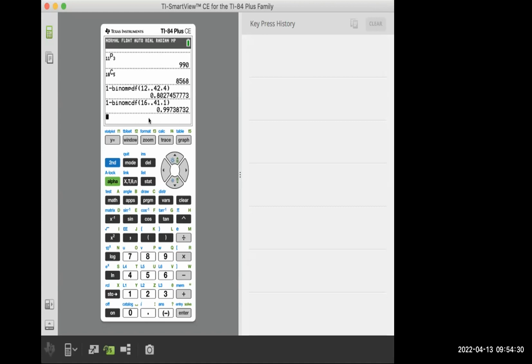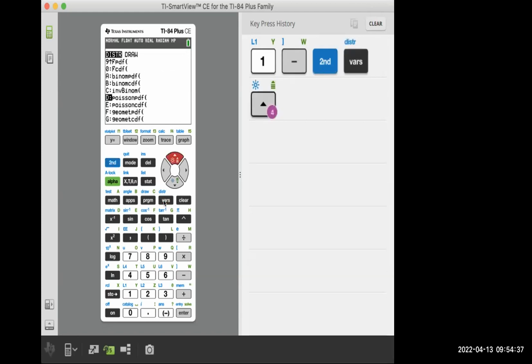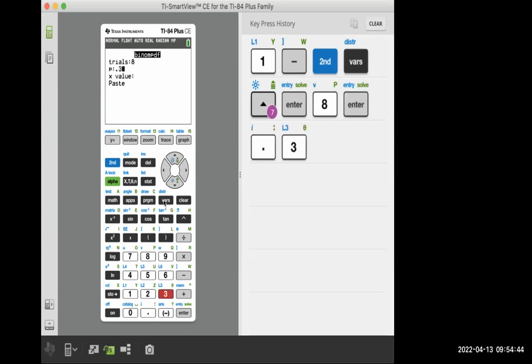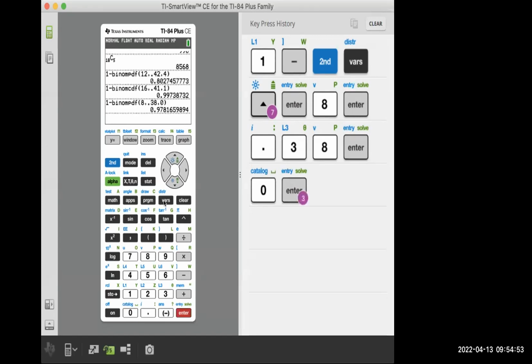And so let me input 1 minus binom PDF. There are 8 trials, 0.38 probability of success for each trial, and 0 successes. And so I get 0.9781659894.